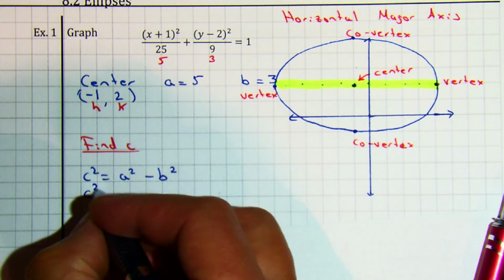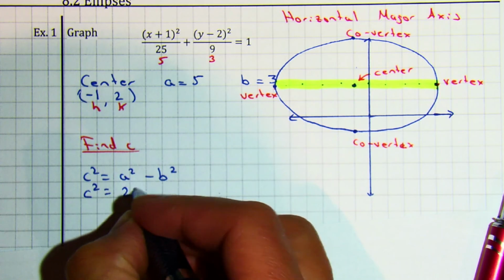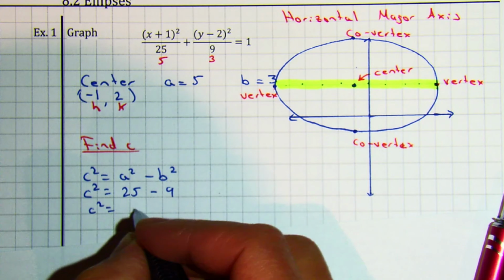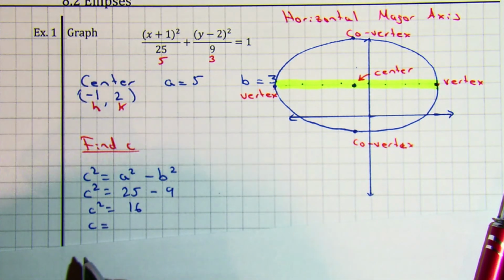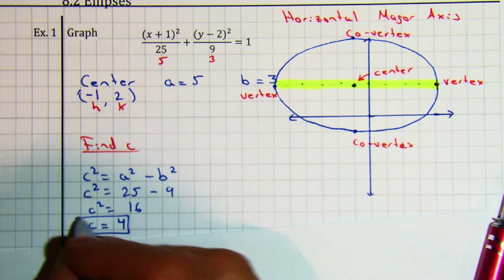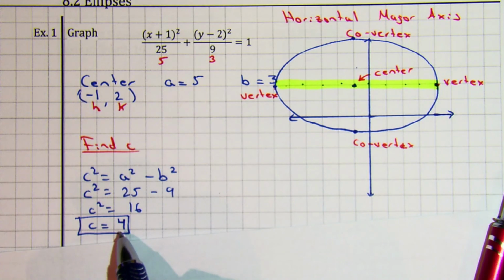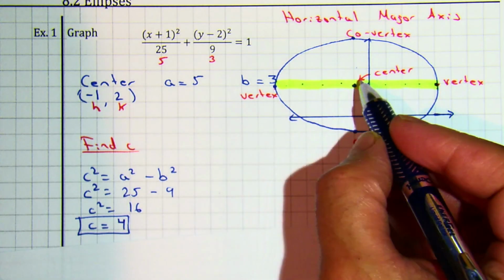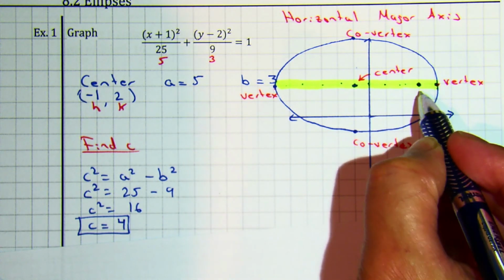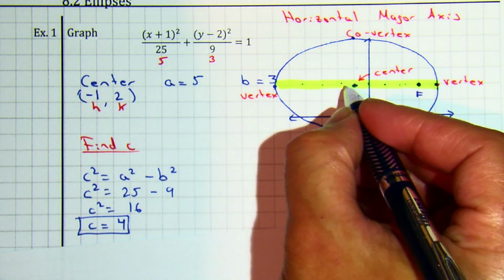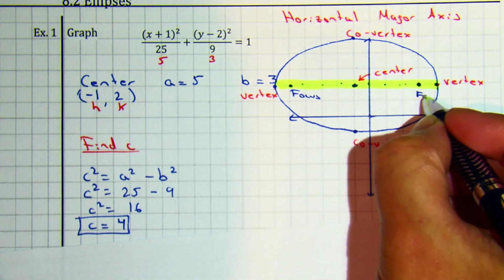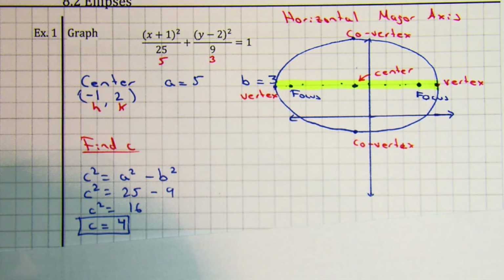So therefore, C squared is equal to 5 squared, which is 25, minus B squared, which is 9. C squared is equal to 16. So C is plus or minus 4, we're going to say it's just positive 4 because it's a distance. This value of C is the distance between your vertex and your focus. So 1, 2, 3, 4. That'll be my focus. 1, 2, 3, 4. And that'll be my other focus. Or 2 foci.